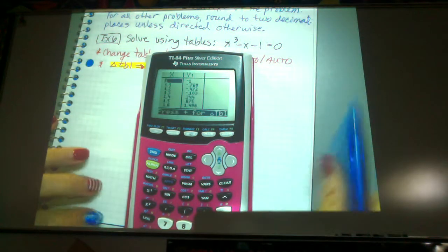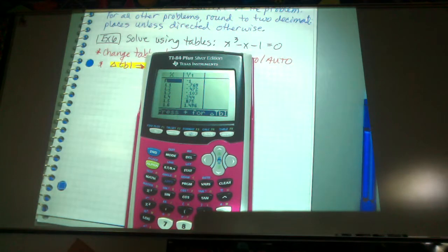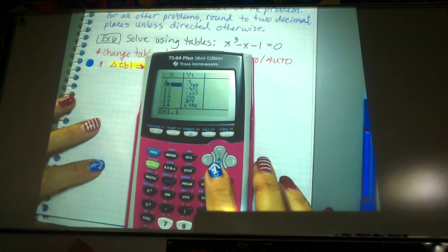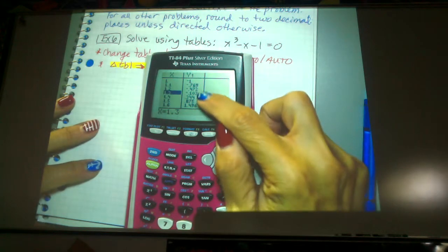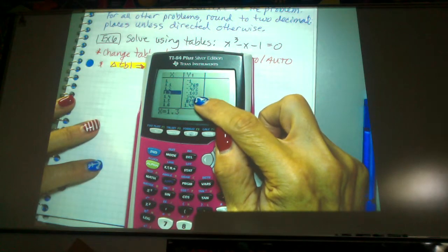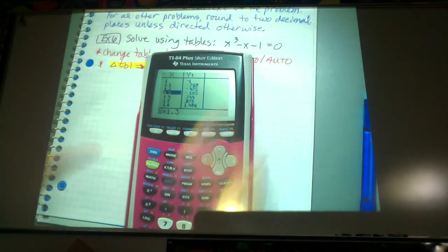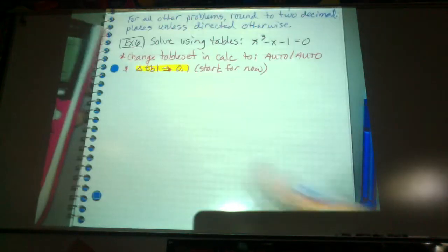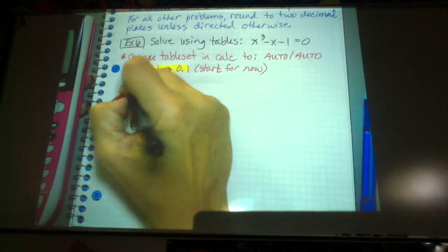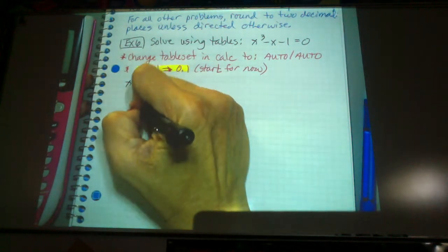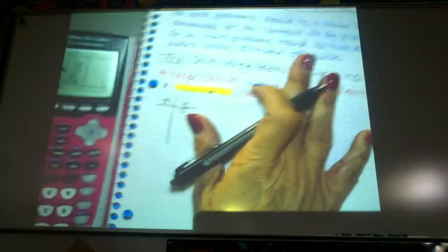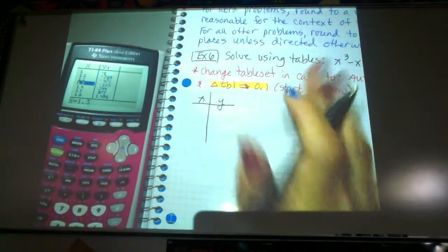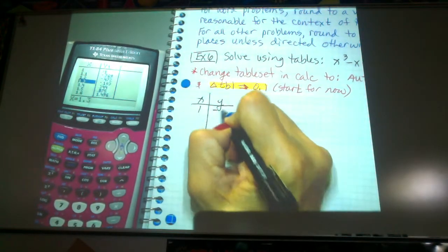So second table. Because of the work we already did, I know that there's a change somewhere around 1.3. True? So I'm going to scroll on my table. We look down here. At 1.3 to 1.4, isn't there a change in sign? So we're going to write exactly what this table says. So we've got x and y. My table says at 1, I have negative 1.